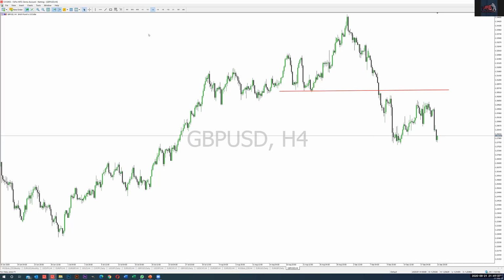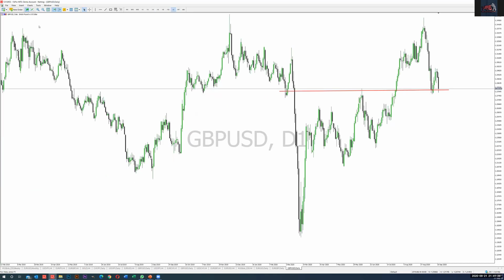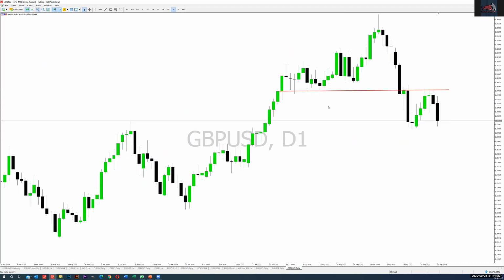But I wanted to show you on daily, because on daily it's much clearer. Let me just highlight this area here. So I've got my demand highlighted. Of course, it's not going to be perfect because this is just for illustration purposes, so it might not be perfect to the pip.